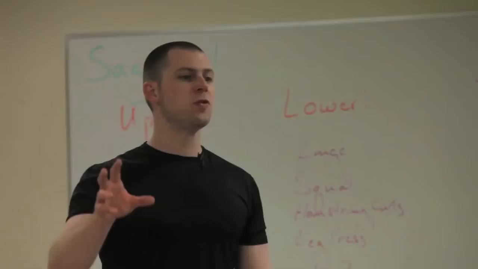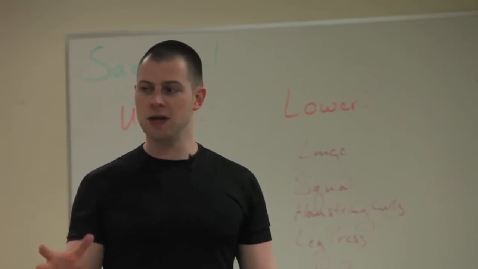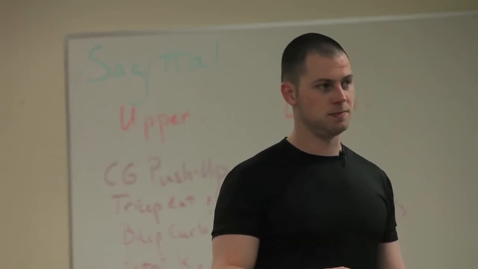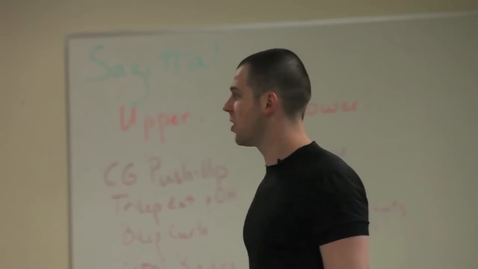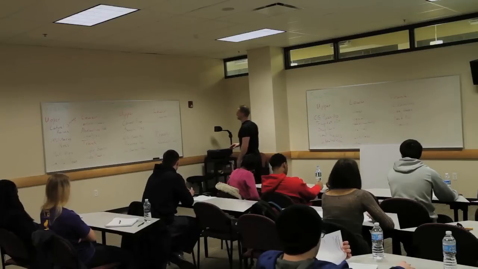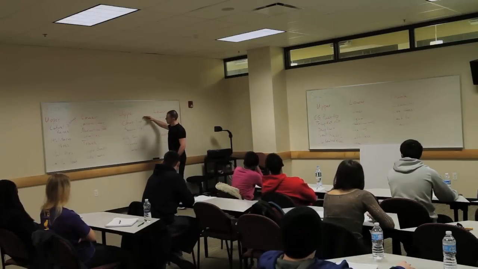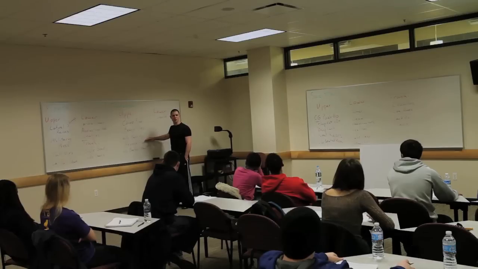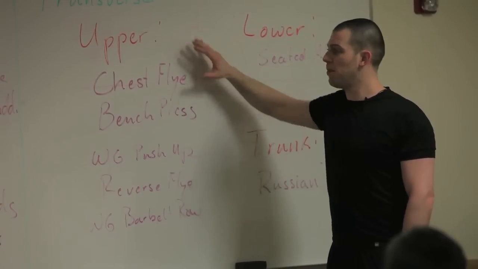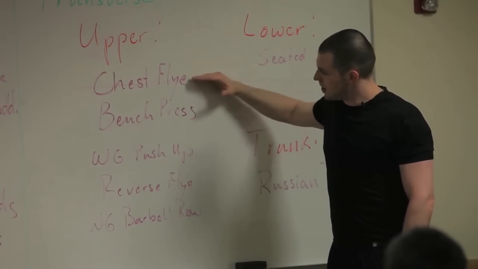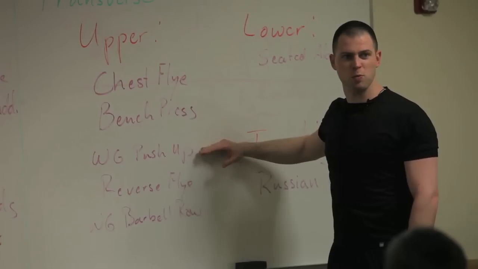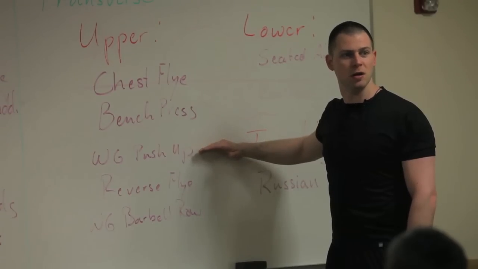So, some things for you guys to think about as we're about to go into the muscular anatomy section. I think you guys started to notice something here. We have a lot of exercises for what muscle group? Well, upper body, yes, but chest fly, bench press, wide grip push-up, what muscle is that supposed to be working?